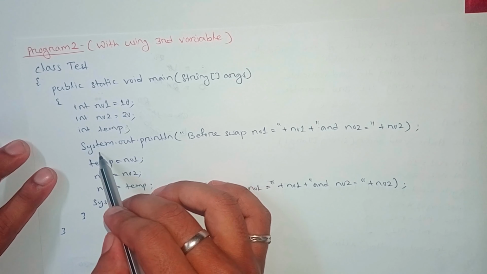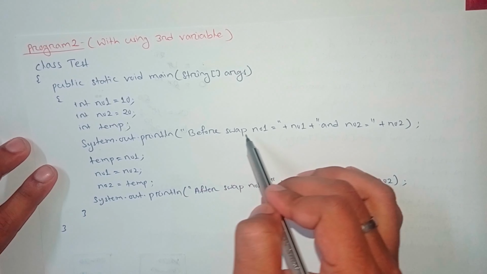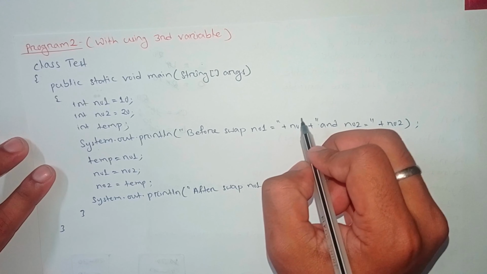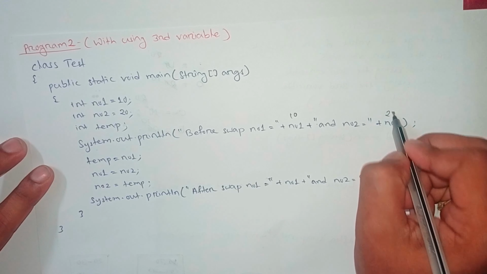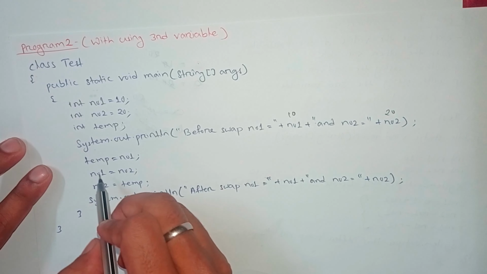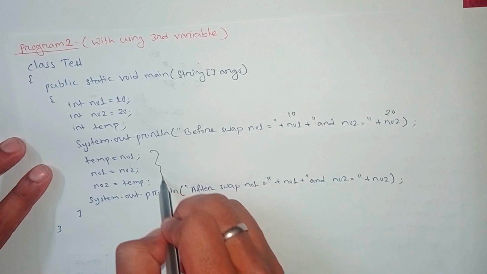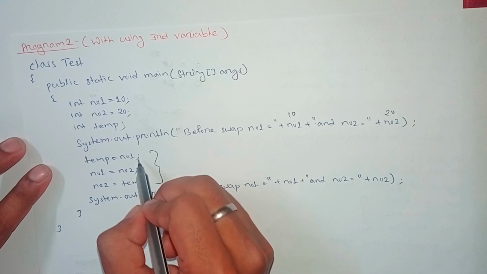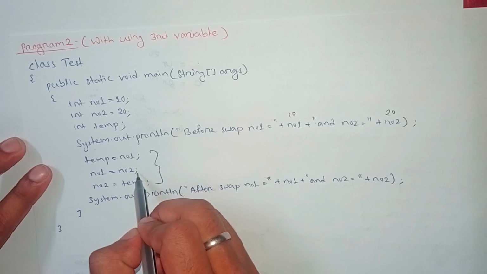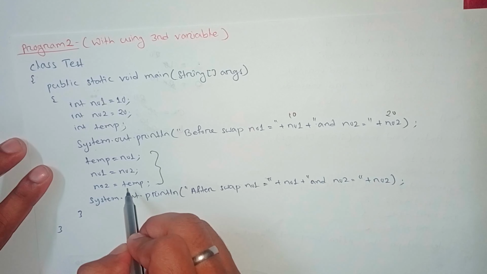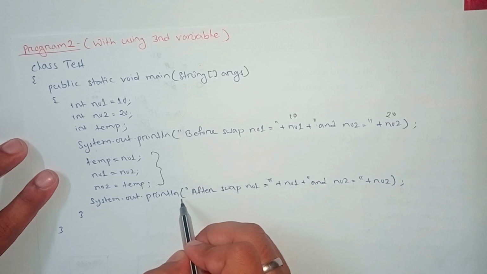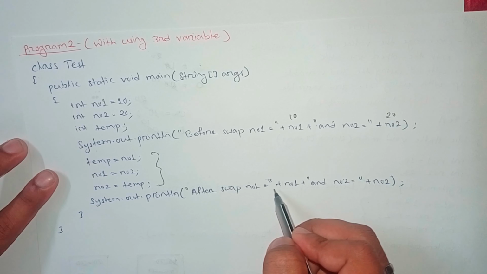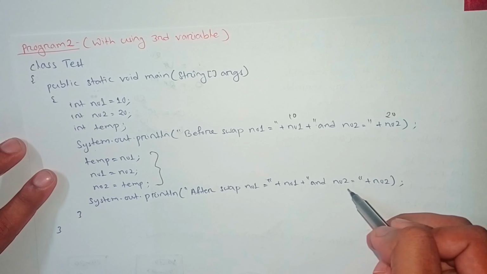So I write here System.out.println before swap number 1 equal to 10 and number 2 equal to 20. The logic here: temp equal to number 1, number 1 equal to number 2, number 2 equal to temp. After swap I want to print System.out.println after swap number 1 equal to number 1 and number 2 equal to number 2.